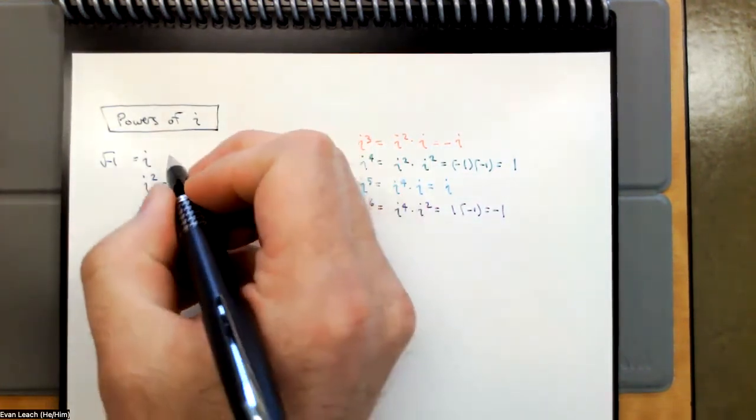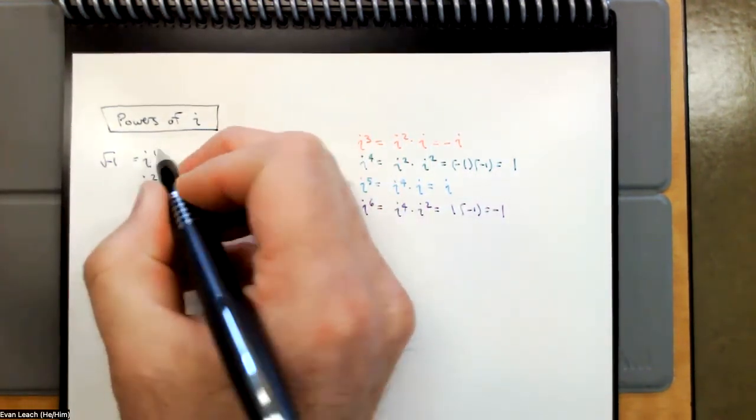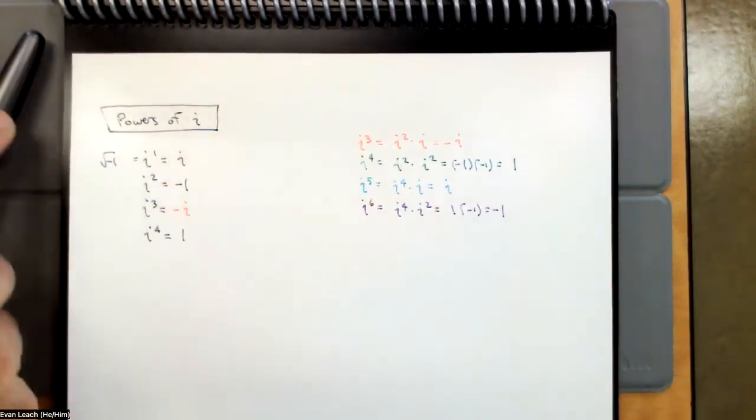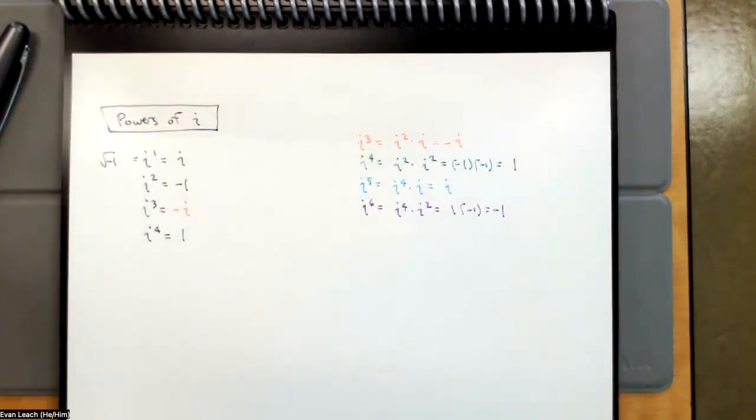So now we're just in this loop. i to the 1st is just i. i squared is -1.